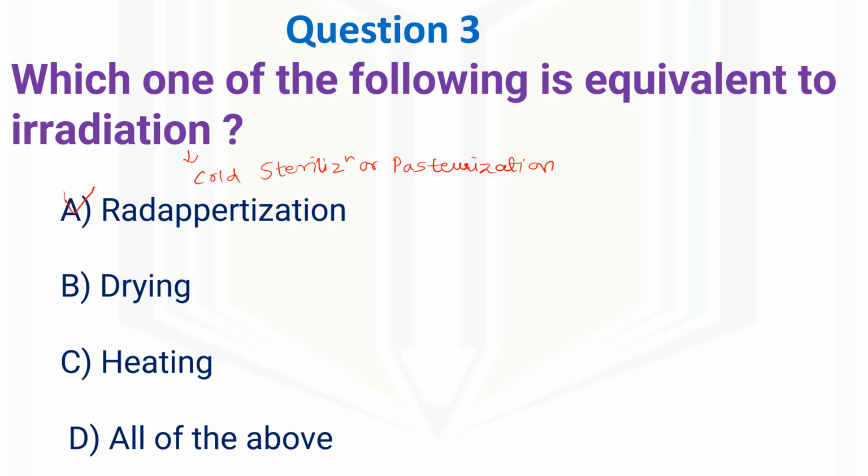The high-energy beams are generated using cobalt 60 as a source of energy and cesium 137.